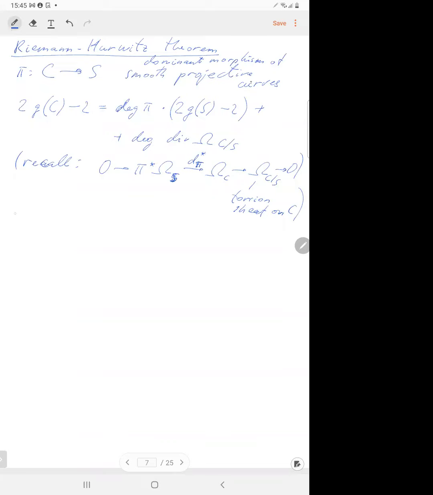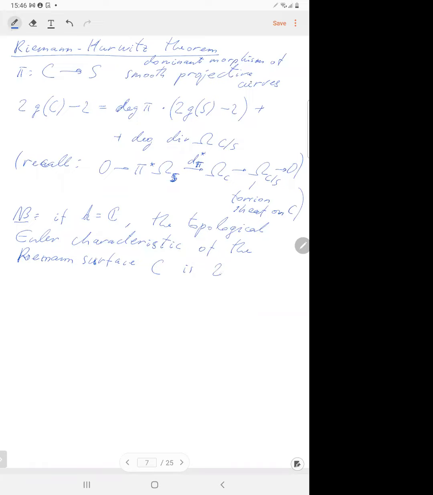So well, let me say, if our ground field is C, the topological Euler characteristic of the Riemann surface C, for example, is 2 minus 2g.